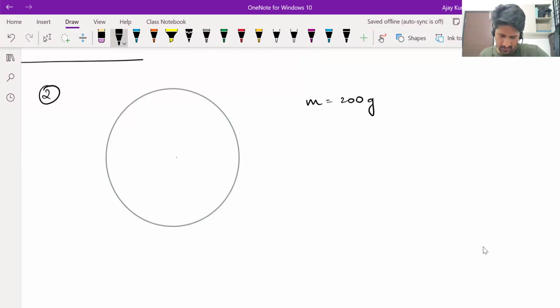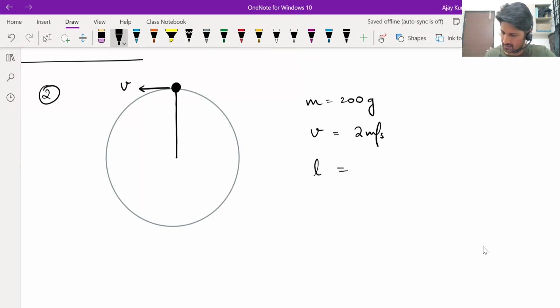This time, assume the particle is at the topmost point of the circle. And there, let's say it's moving with a speed 2 meters per second. It's not 5, it's only 2 meters per second. Length of the string is still 2 meters. Derive tension in the string at that moment.